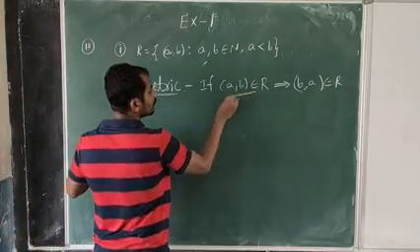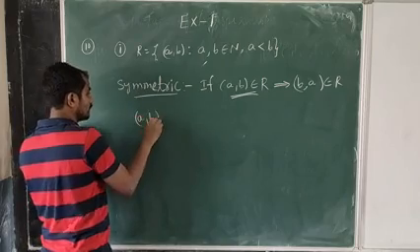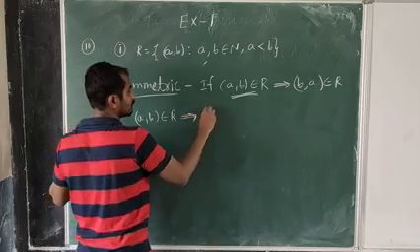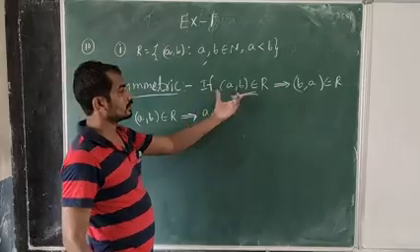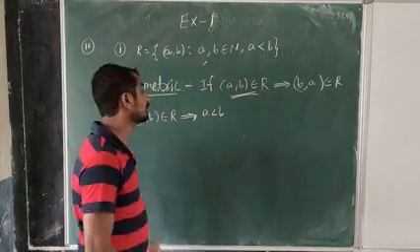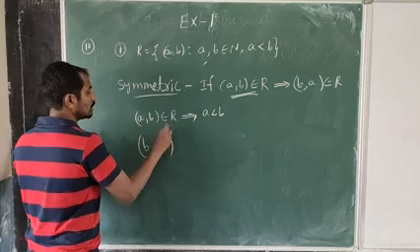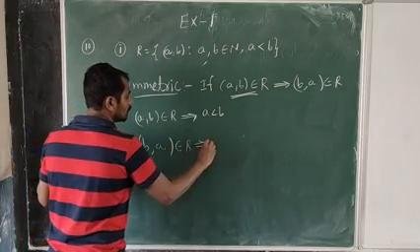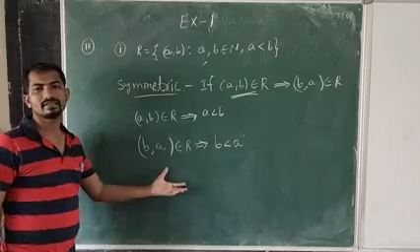Suppose (a, b) belongs to R. What condition is given? a less than b is given. Now we have to show (b, a) belongs to R. (b, a) belongs to R means then you can write b is less than a.